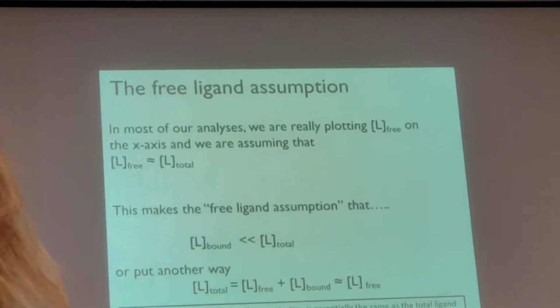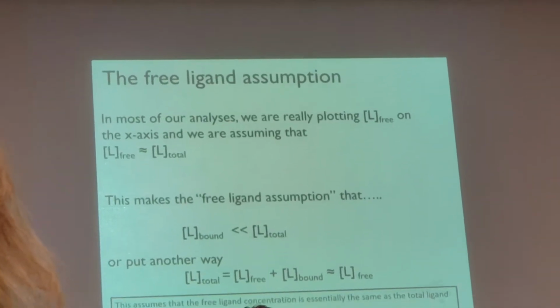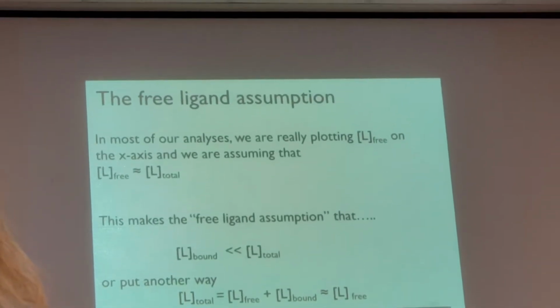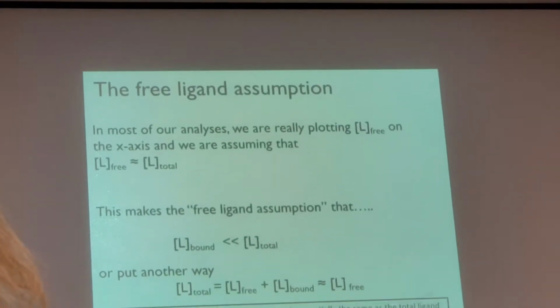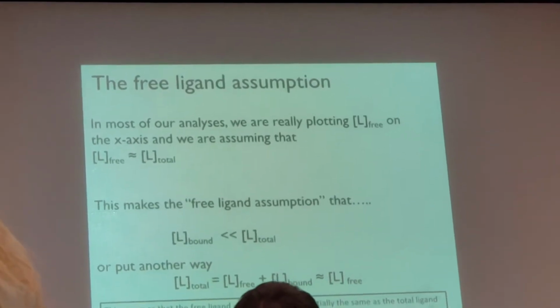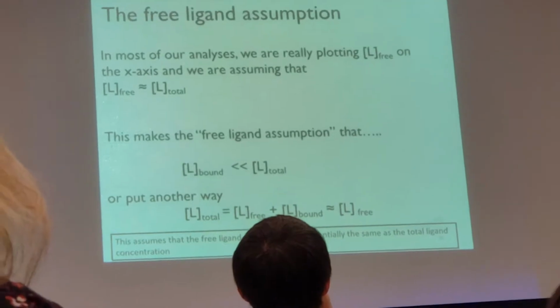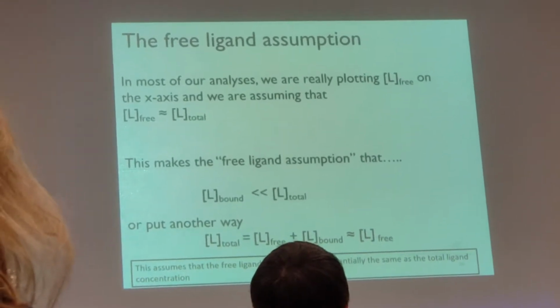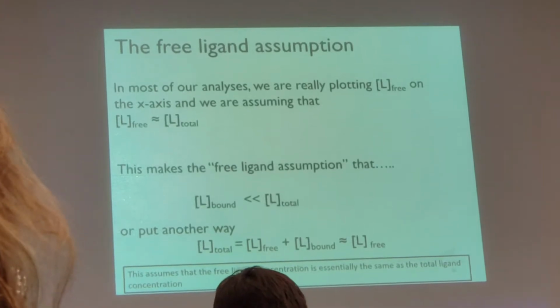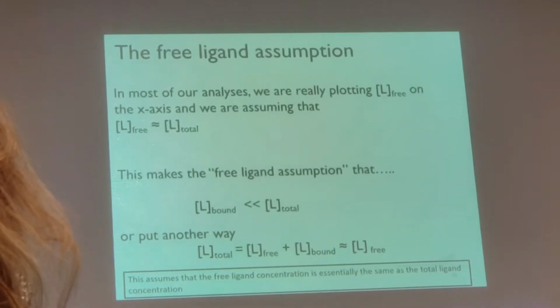So, what we do in these experiments, and he had to go back and reanalyze the data. When we're doing these plots, on the x-axis, what we are plotting is we're assuming all the ligand is free, or at least most of it. So this is what's called the free ligand assumption.